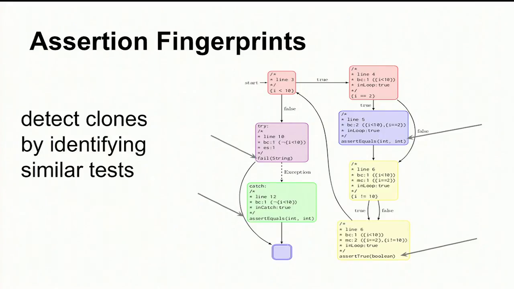Let me talk a bit about the way we discovered test clones in our test suite. The insight here was that assertions were key to detecting what a method does. If two test methods have the same set of asserts, then they are likely clones. We looked at the assertions and how they worked in the control flow graph to determine likely clones in the test suites.